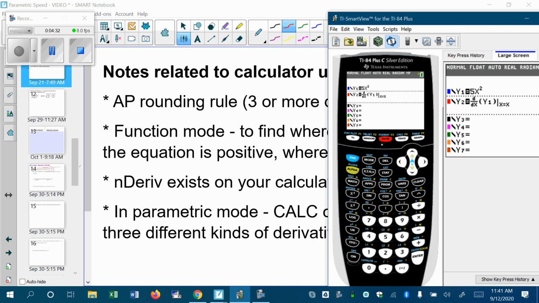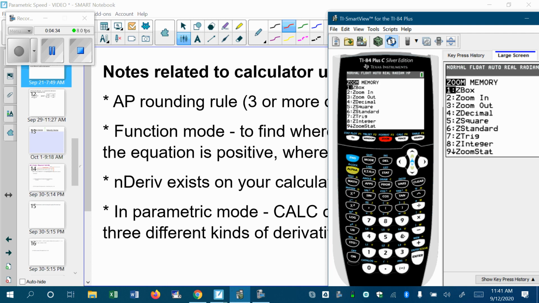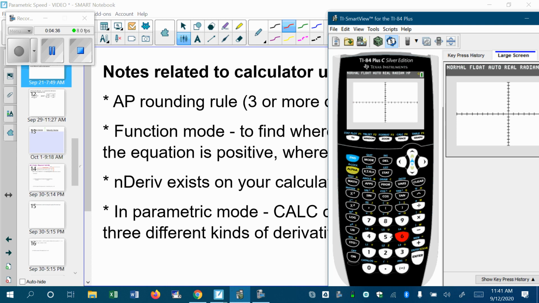And then if I just do this on the standard window, it's going to give me a graph of the parabola and a graph of the derivative. And that graph of the derivative will come up kind of slowly. Usually not this slowly. Where is my derivative? Oh, there it is. It will graph the derivative. Now, it doesn't give me the equation of that derivative, but it does let me visually see the derivative.